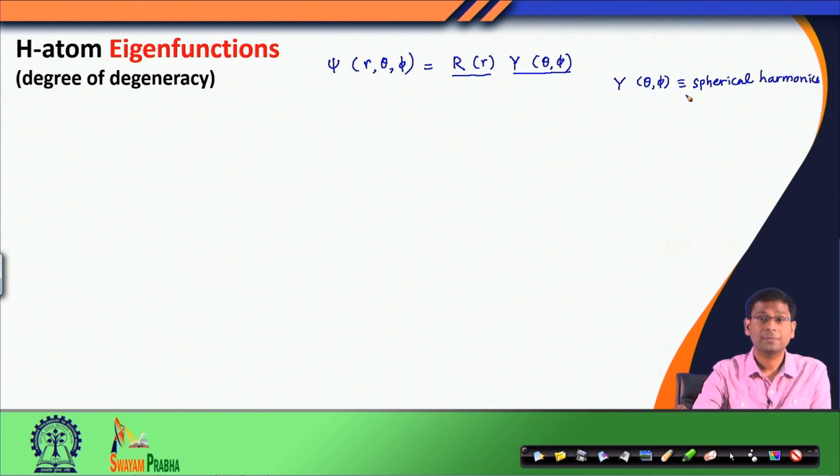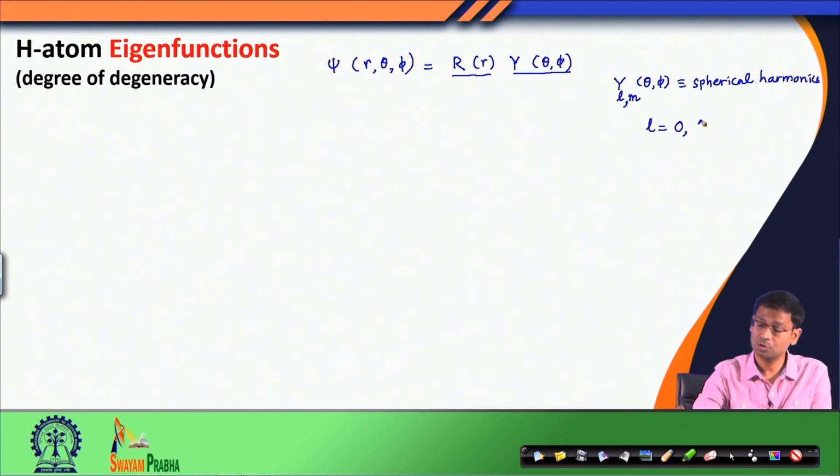If you remember, these spherical harmonics depend on two different indices, L and M, and the L value can be either integer or half integer. However, since we are discussing the problem of orbital angular momentum of an electron orbiting around the nucleus, the only allowed values of angular momentum are integer, but not half integer.